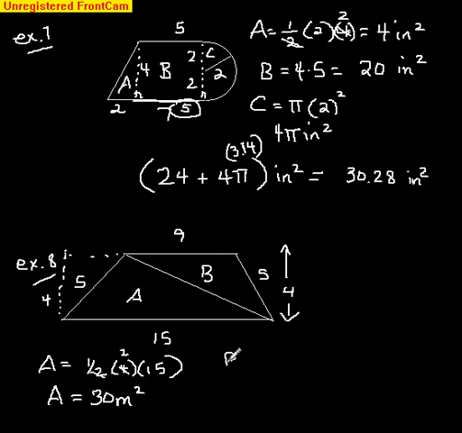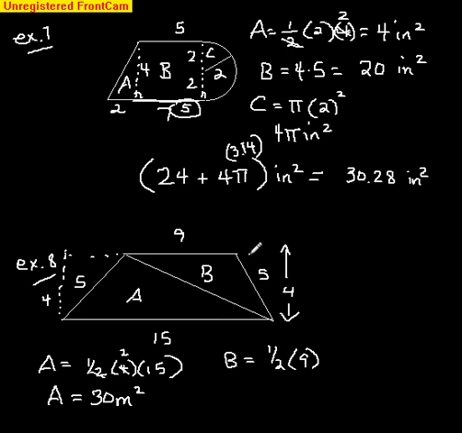And then the area of B: the base of this triangle is 9, so we'd want 1/2 times our base of 9, and our height, once again, is this one right here. It's not this side, they're trying to trick you. The height is the altitude, the perpendicular distance.